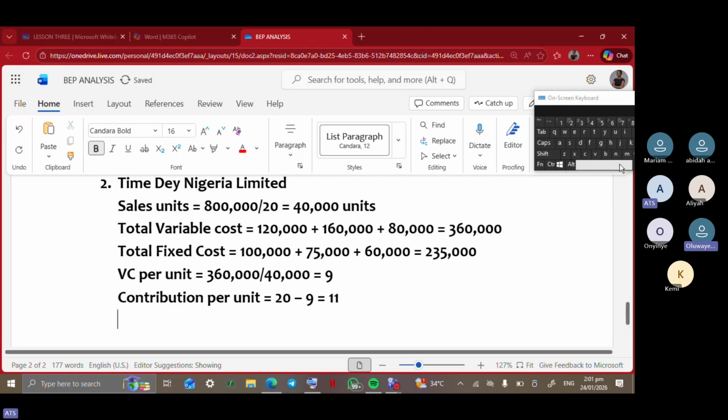And one more thing, let's look for the contribution to sales ratio. The formula for this one is your contribution over sales times 100. I'm sure somebody wrote that down the other time.